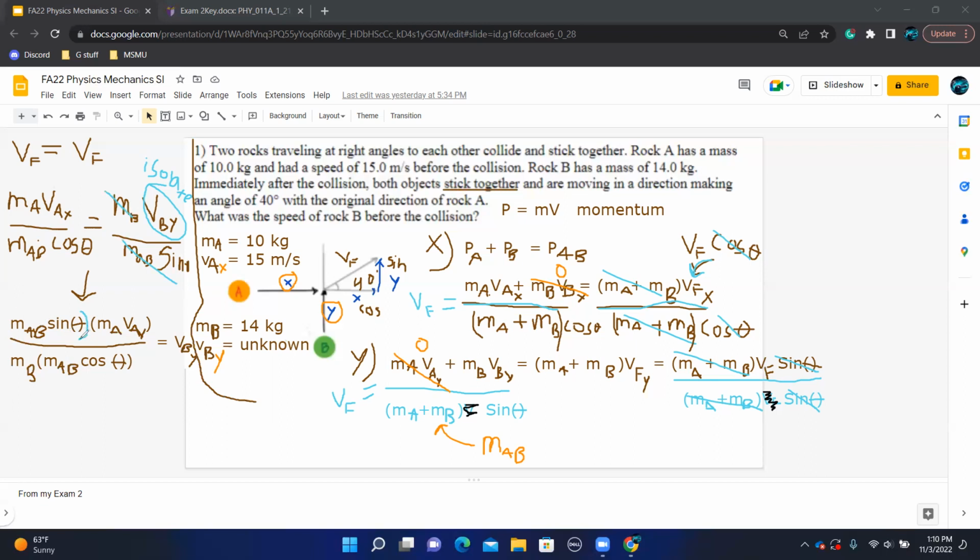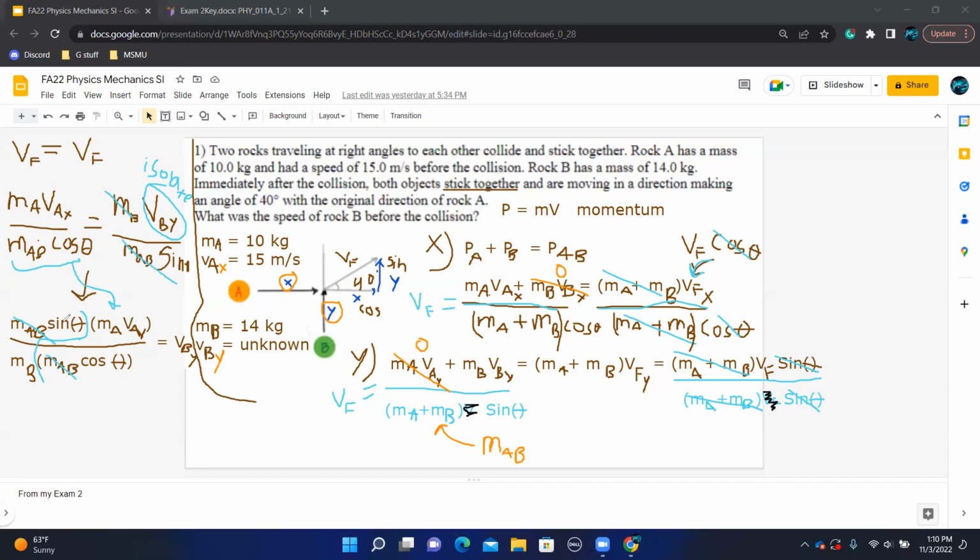You multiply the inverse of this to cancel those out. So because we're multiplying it all out, we see that this MAB and this MAB cancel out.